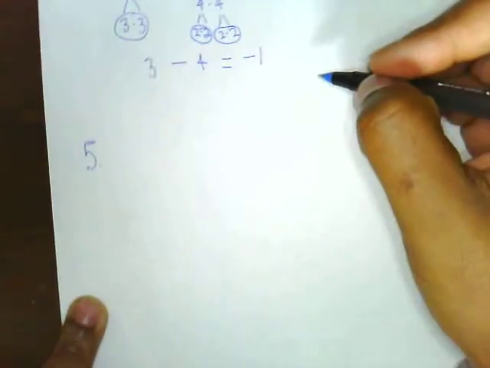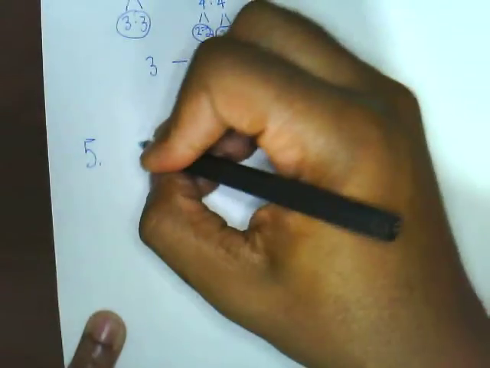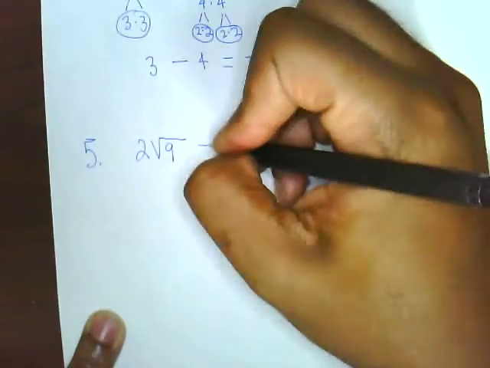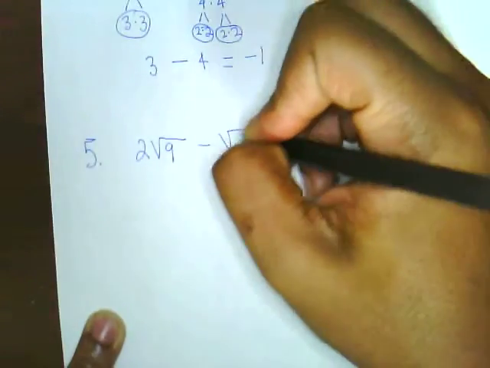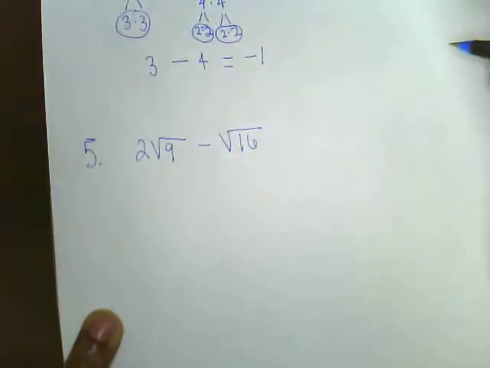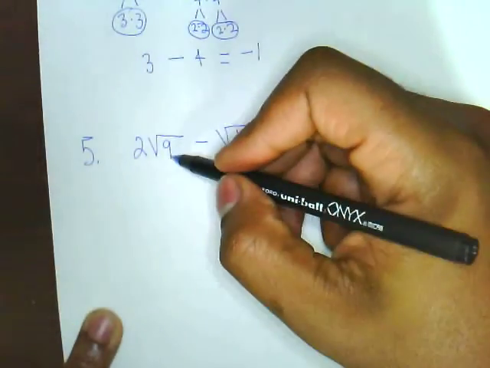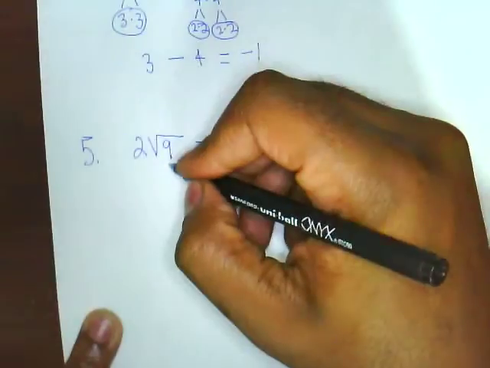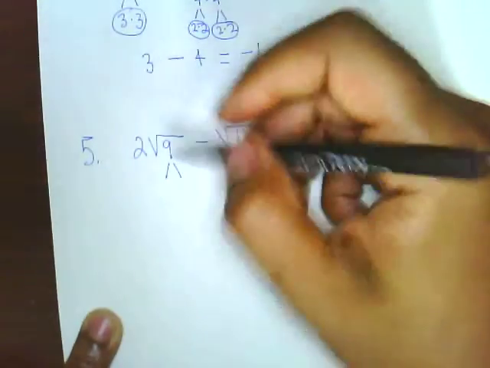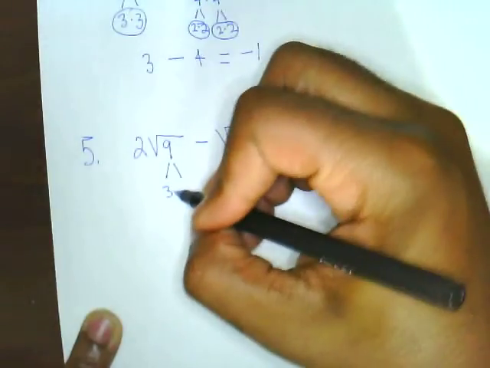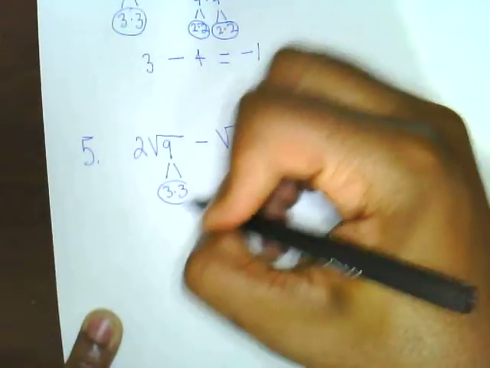The last homework problem is number 5. We have 2 radical 9 minus radical 16. First things first, we look under the radicand. We already established up here that the square root of 9 is 3.